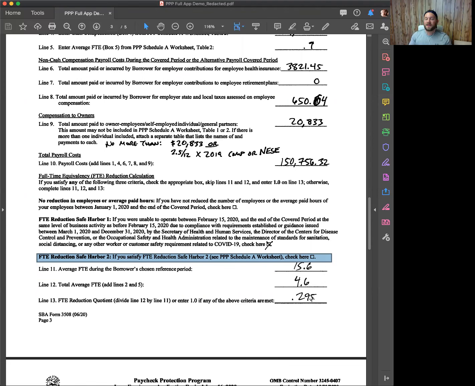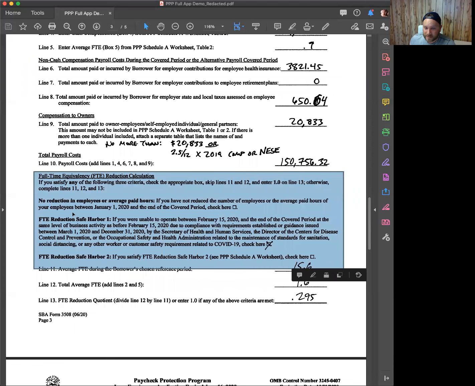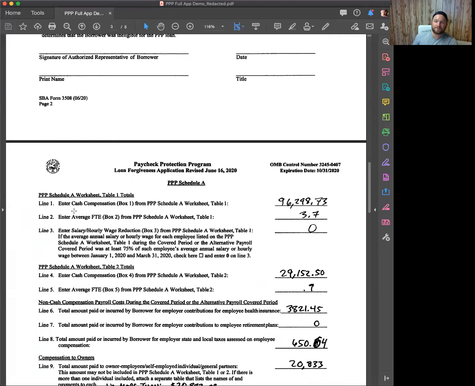This means that barring any safe harbor or other way of getting out of it, I would have had to multiply this and my reduction quotient would have been almost 30%, right? So it's a very significant impact on the forgivability of the loan. That means understanding if you can and whether you qualify for any of these safe harbors on the FTE reduction is very important. All right, that is page 3.